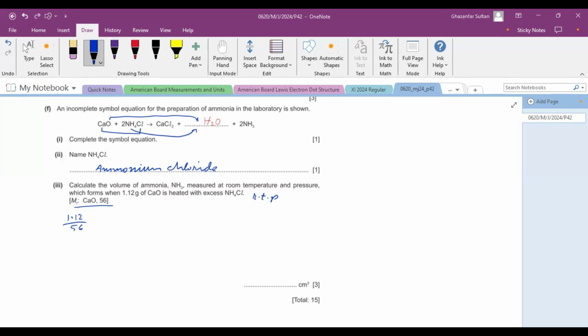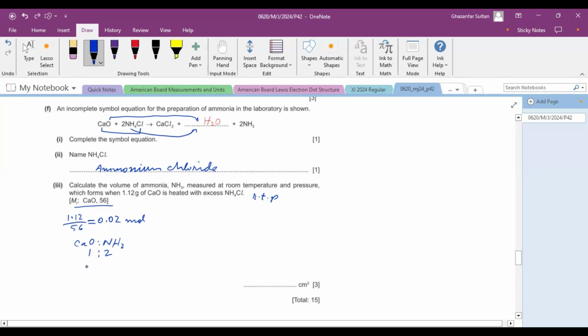It is 0.02, so 0.02 moles of calcium oxide are there. And we know the ratio of calcium oxide to ammonia is 1:2. That 1 mole of calcium oxide produces 2 moles of ammonia.